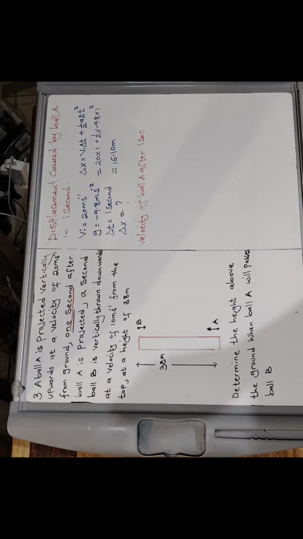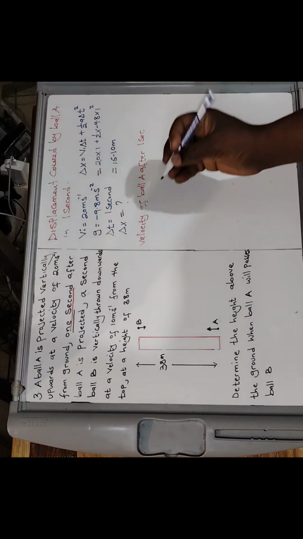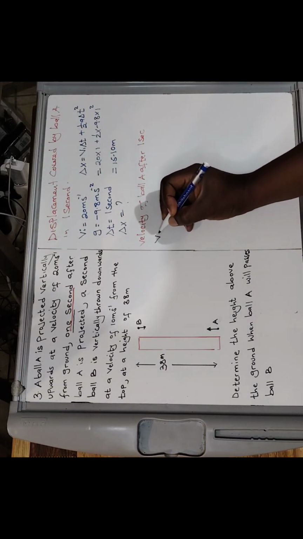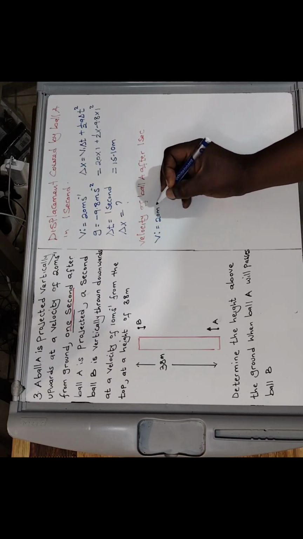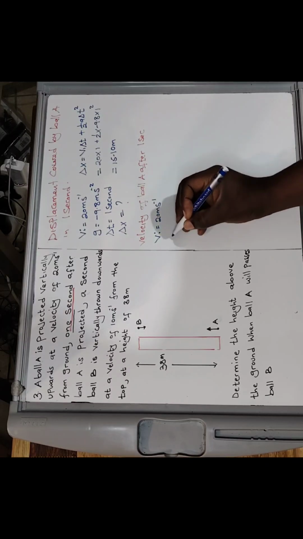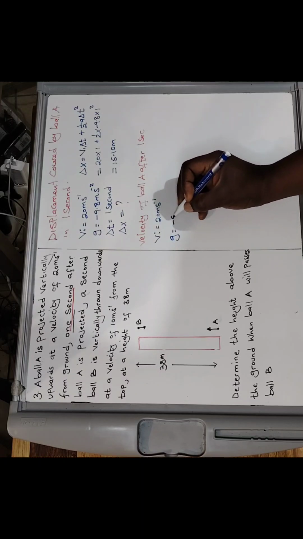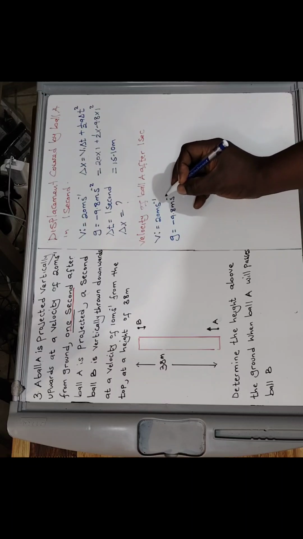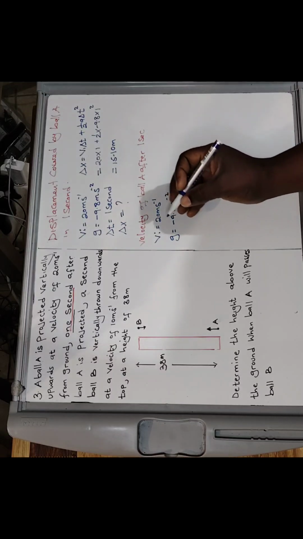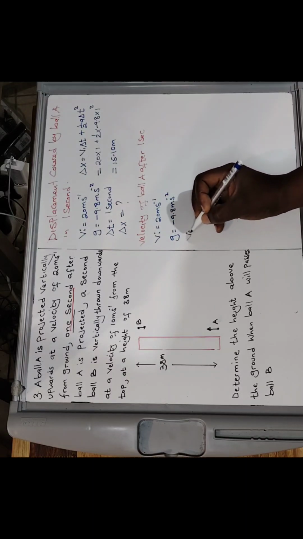To do that, what do we know? We need the data. Vi is 20 meters per second. g is negative 9.8 meters per second squared. I'm looking for vf.